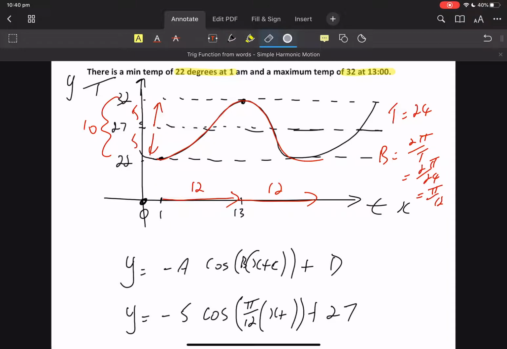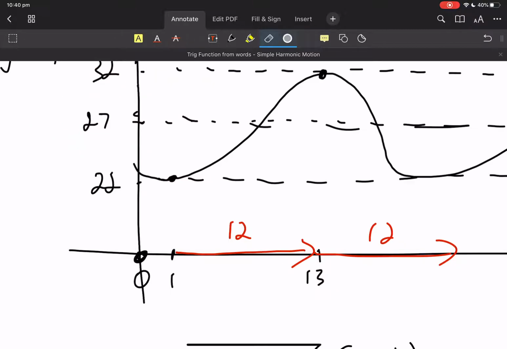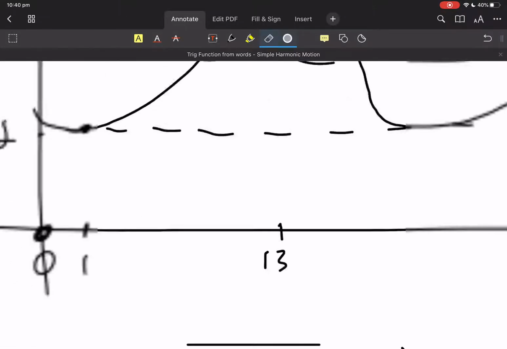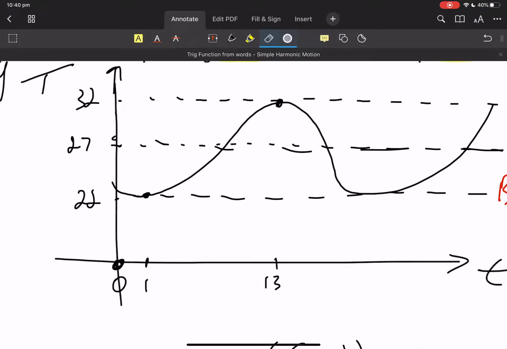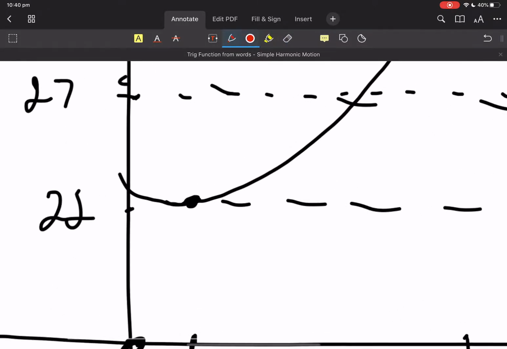Now, let's get rid of some of this stuff. You can go back to that, I'm sure, if you needed to. I'll go back to this red because it stands out. Now a cos graph usually starts there and goes up, but this one isn't.